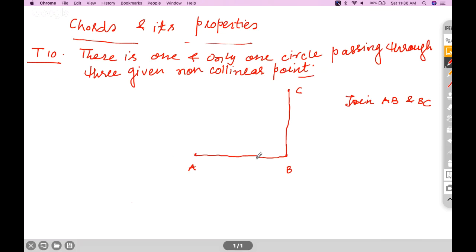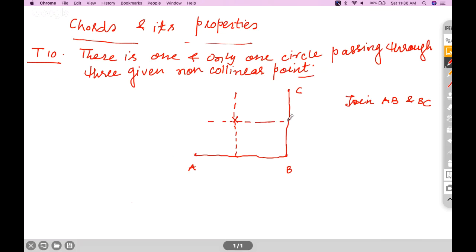Now you draw a perpendicular bisector of AB, and you draw perpendicular bisector of BC.